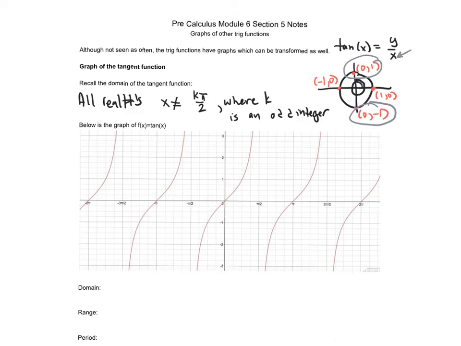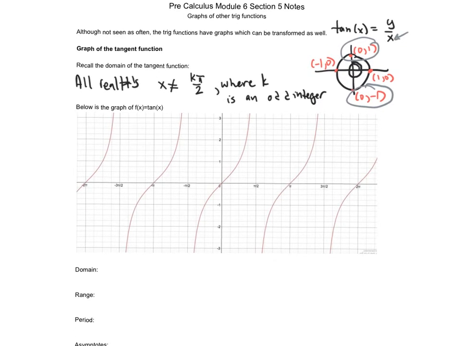If you look here at the graph of tangent, that shows itself because tangent has vertical asymptotes where it is undefined. You see these gaps at negative 3 pi over 2, negative pi over 2, positive pi over 2, 3 pi over 2, and so on. Wherever you have these undefined values, you make an asymptote.